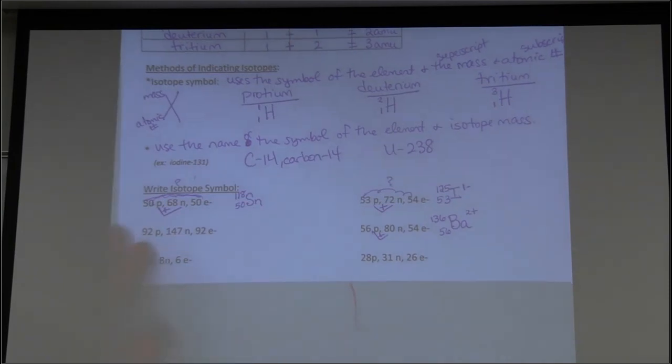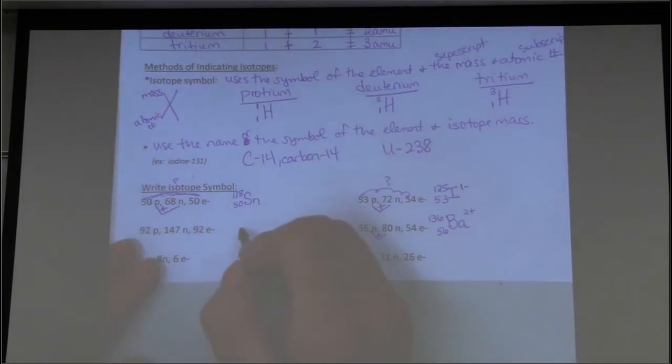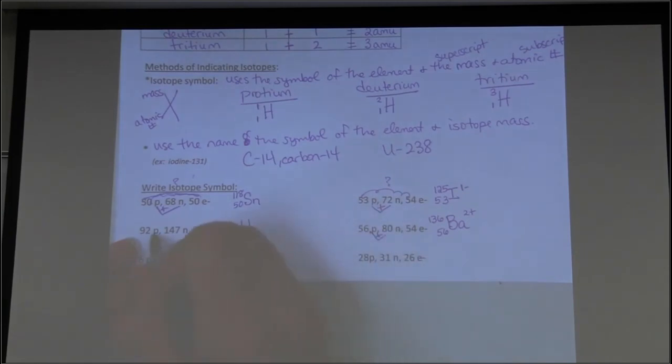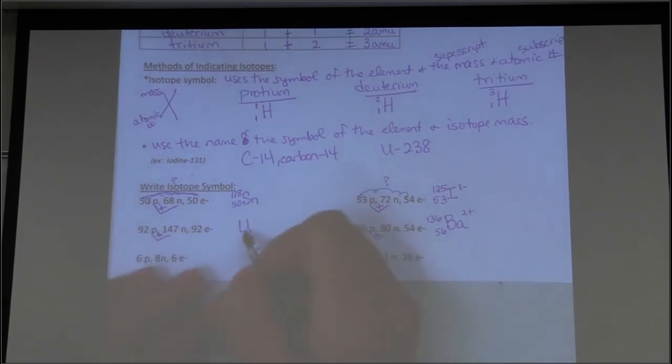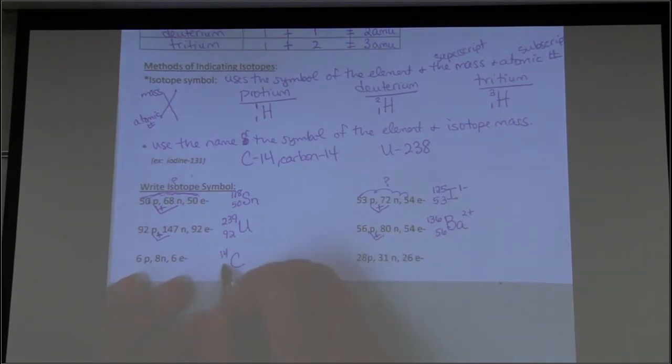All right, who is this? Uranium. Uranium who? Uranium-239. Good. What goes down here? Is this an ion? No. Okay, who is this? Carbon who? Carbon-14. And what goes here? 6.